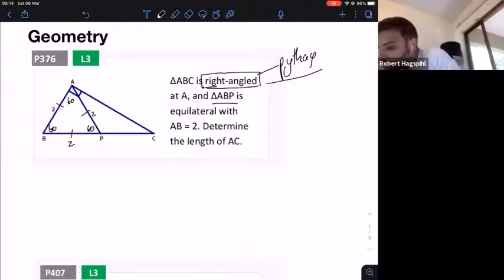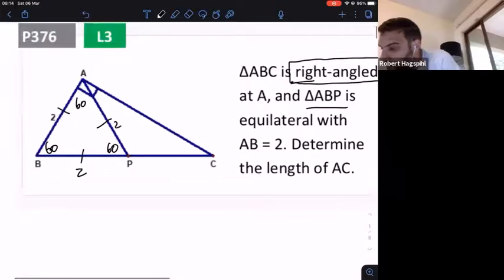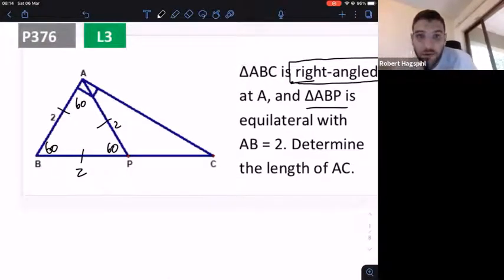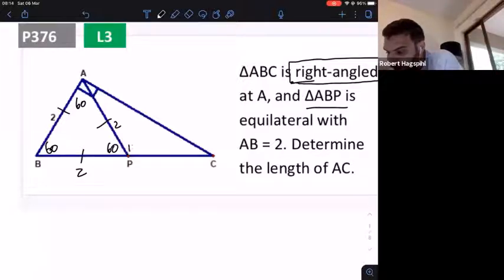All right. So let me go a little bit further. I saw Caleb say there that angle APC, that's this angle here, is equal to 120. That's absolutely correct. That is angles in a straight line. Okay. I don't know how that helps me just yet. Let me carry on.